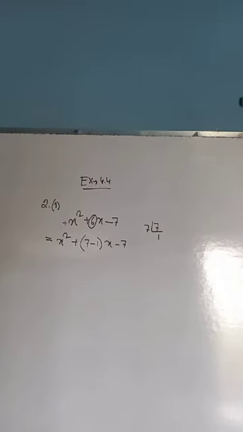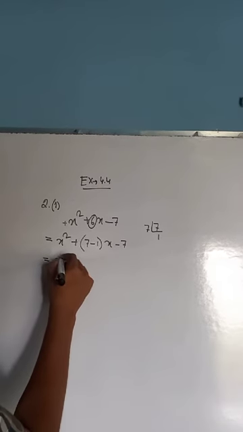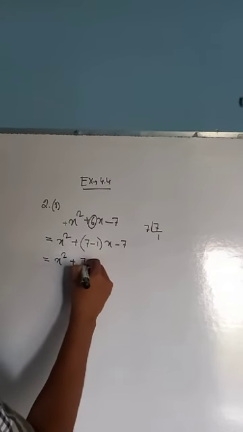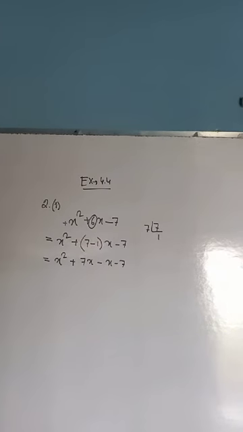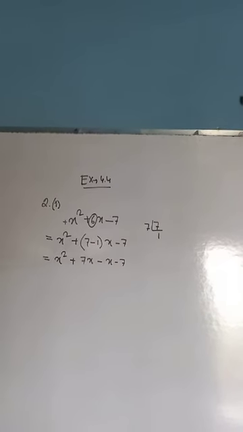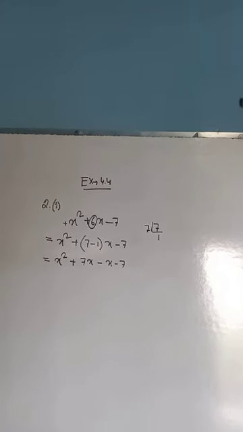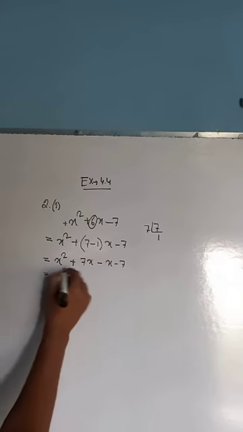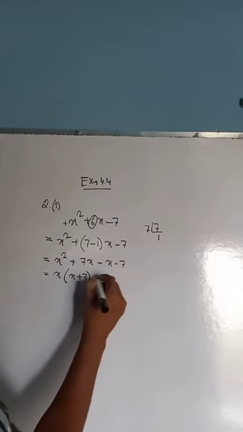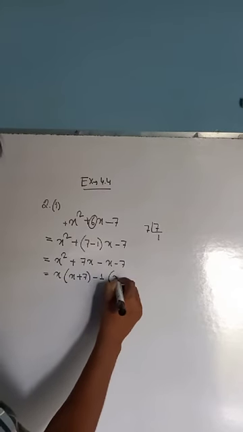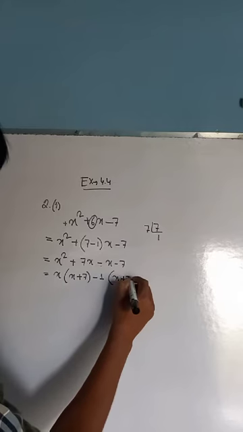Now x square plus 7x minus x minus 7. Take the common from these two, x plus 7. From here take the common 1, x minus 7 with the common plus 7.